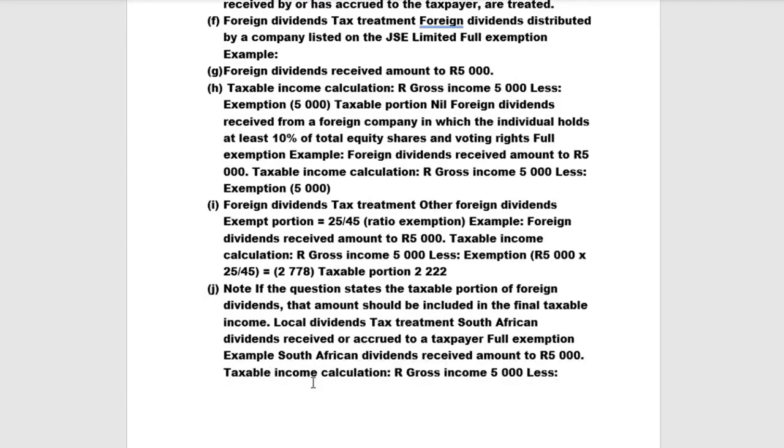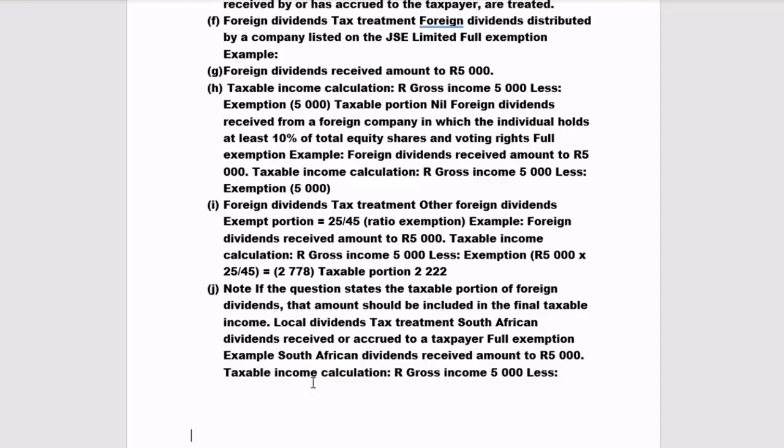For other foreign dividends, the exempt portion is 25 divided by 35. Please be careful of that one. Write it somewhere where you can see it. Foreign dividends received to an amount of 5,000 rand. So it's the gross, and you can see that it's limited to an amount of 5,000 rand.